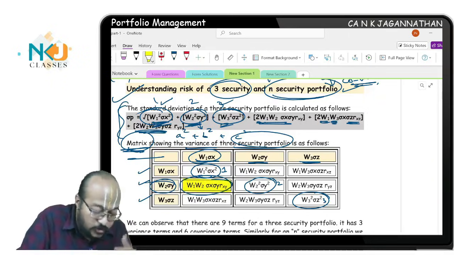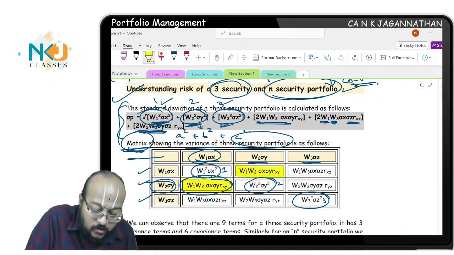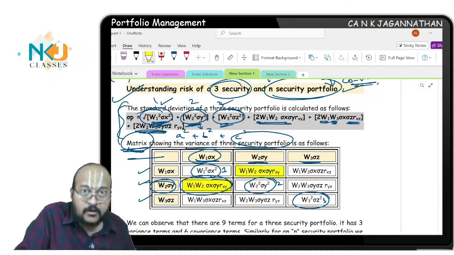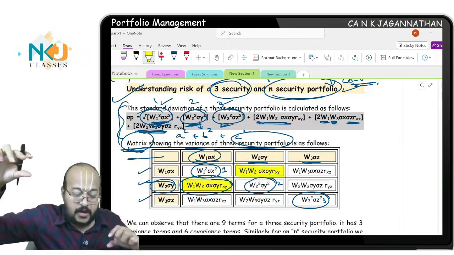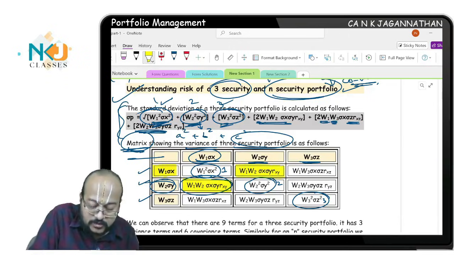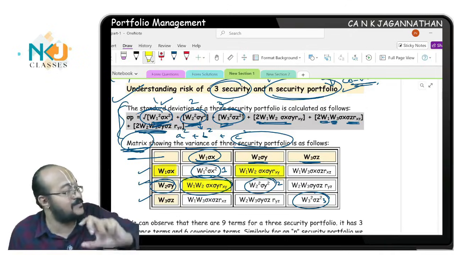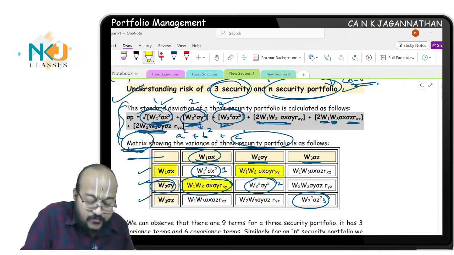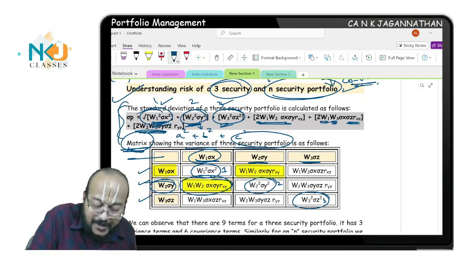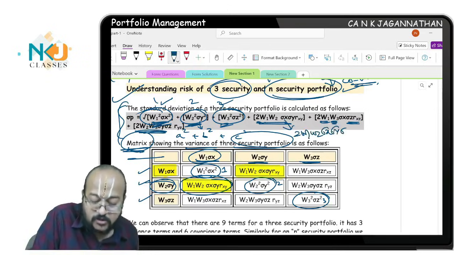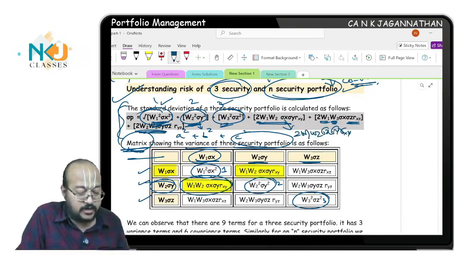The same thing is there in the matrix, W2 y here and W1 x there. If you simply add these 2 terms, it becomes 2 into W1 W2 sigma x sigma y correlation of x and y. Are you understanding?